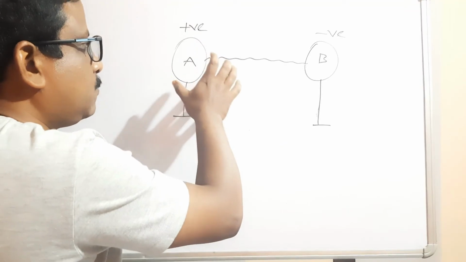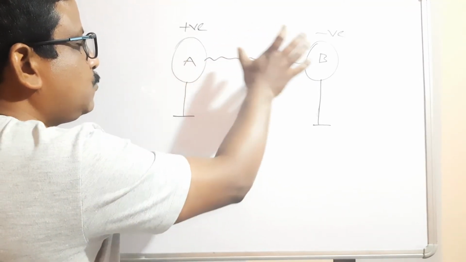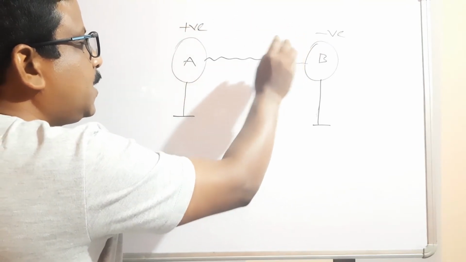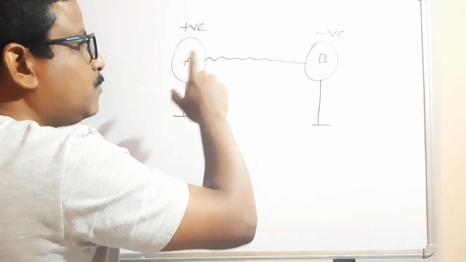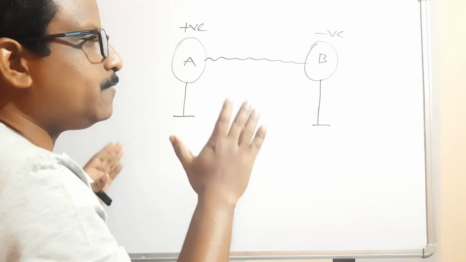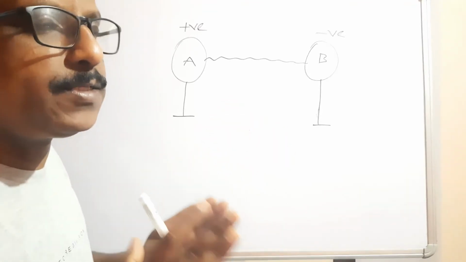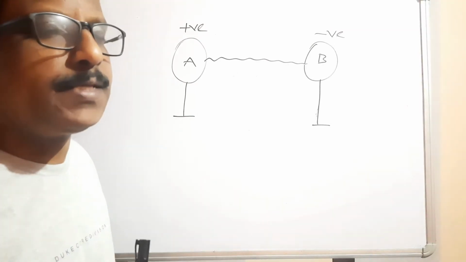So as long as there is a difference of potential between the two charged bodies A and B, one positive and one negative, the current will flow. So for current to flow, there should be a difference of potential. Understood? So what is potential difference?